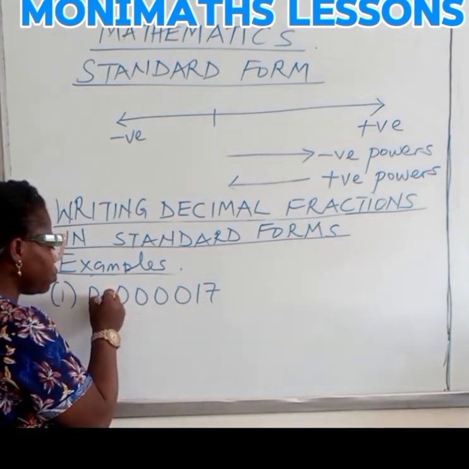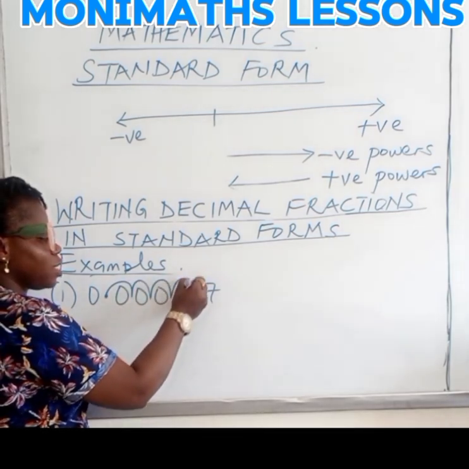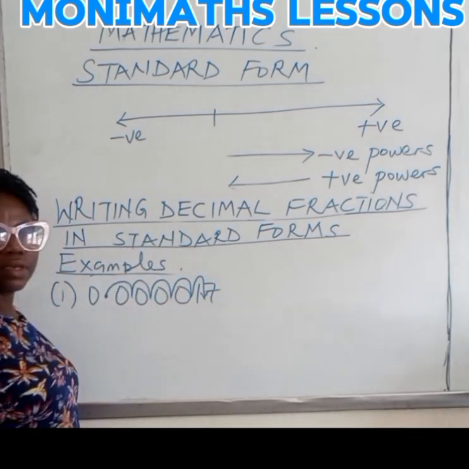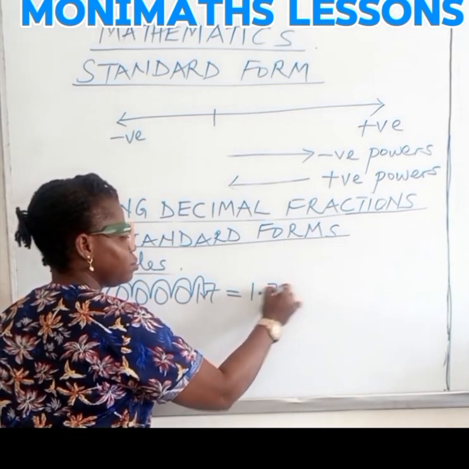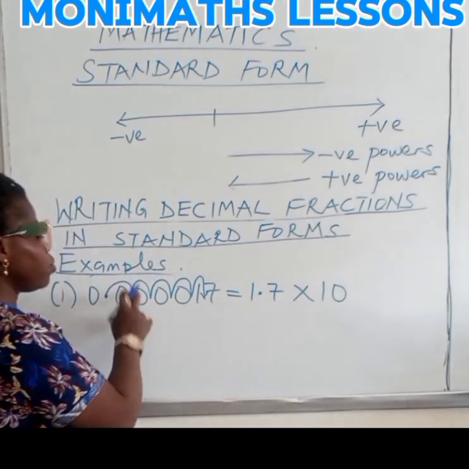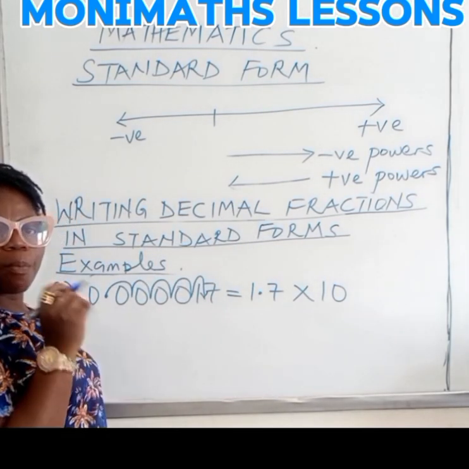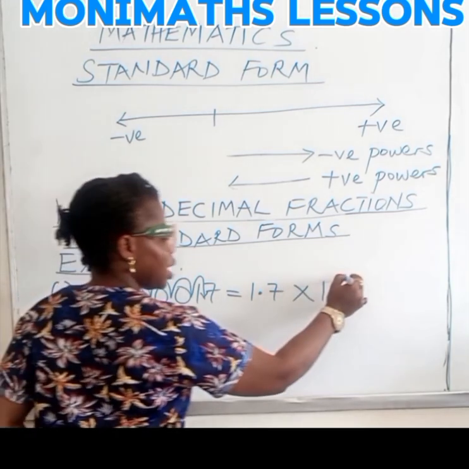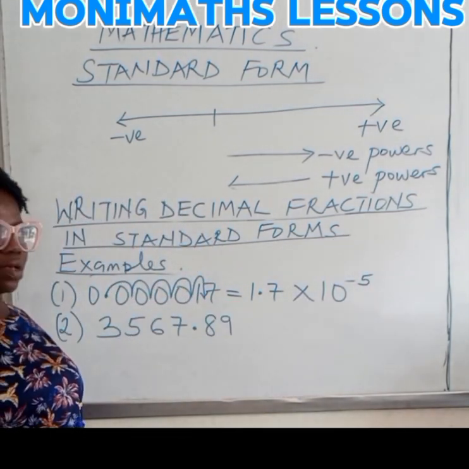So let's move. We move once, twice, thrice, 4 times, and 5 times over here. So that I have 1.7 times 10 raised to power. Remember, we moved 5 times and towards the positive. So our power is going to be negative. That is minus 5.